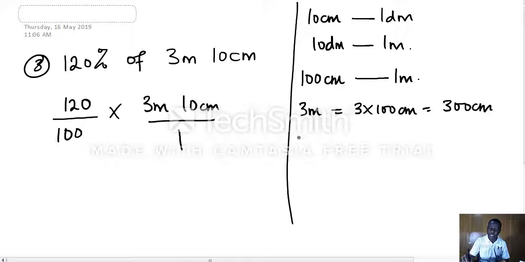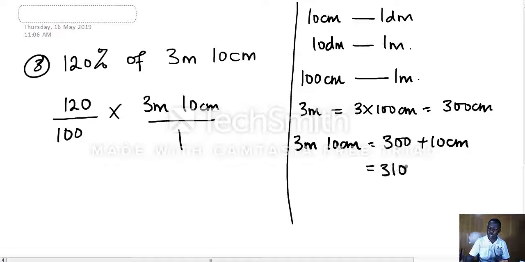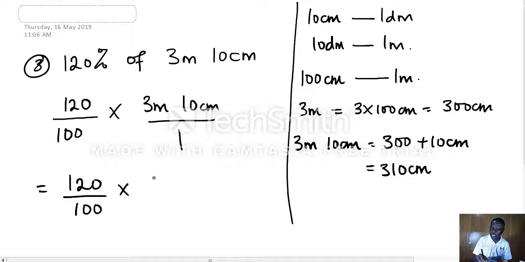That is, 3 meters 10 centimeters will become 300 plus 10 centimeters, which is equal to 310 centimeters. So I'm going to substitute it in this equation, which is equal to 120 divided by 100 times 310 centimeters over 1.